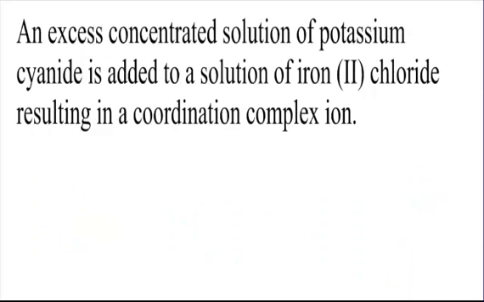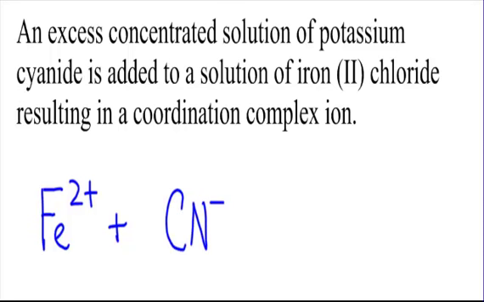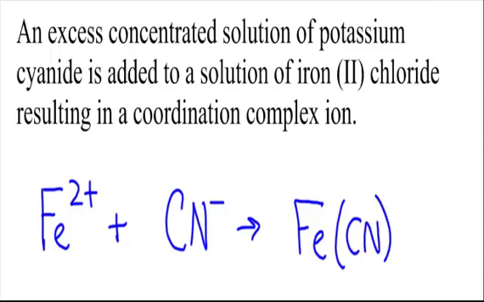The very last reaction is an excess concentrated solution of potassium cyanide added to a solution of iron(II) chloride. Iron is plus 2, and we add our potassium cyanide. It's excess, so I add cyanide, which is my ligand or my Lewis base, and I make Fe with CN for cyanide.